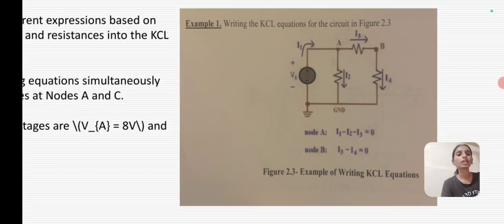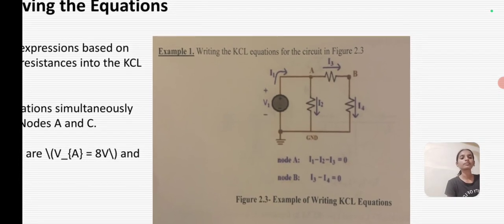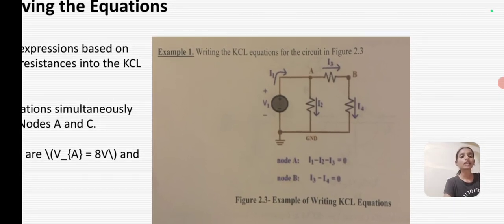Writing KVL equations for a circuit. Here we have to write KVL equations as we have two nodes, node A and node B. In node A, voltage is also there and current is flowing across the resistance, and in these circuits ground is also there.